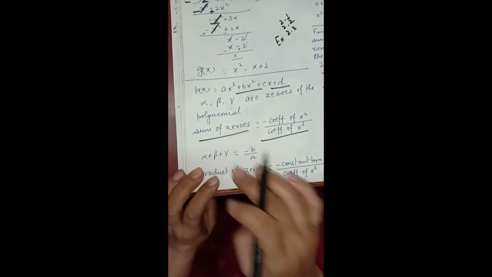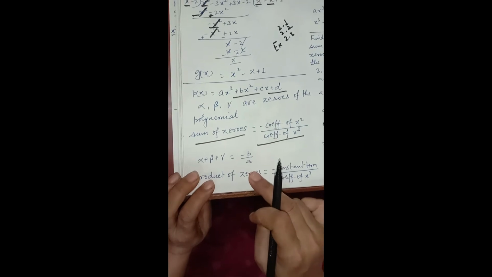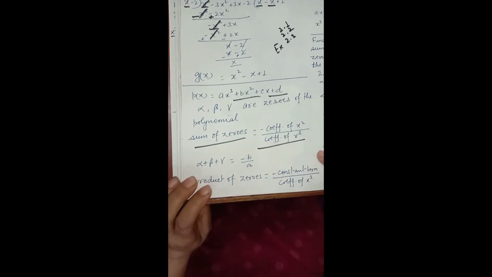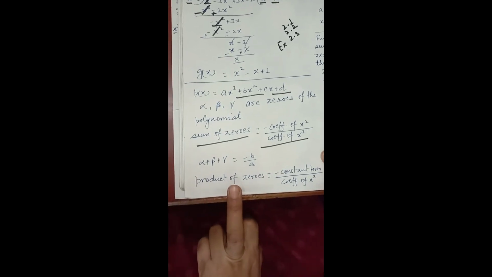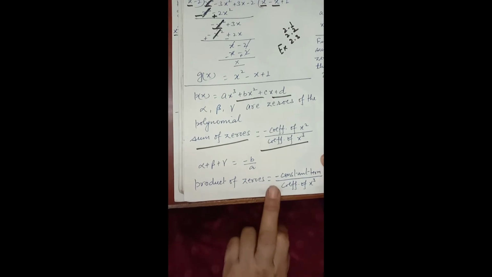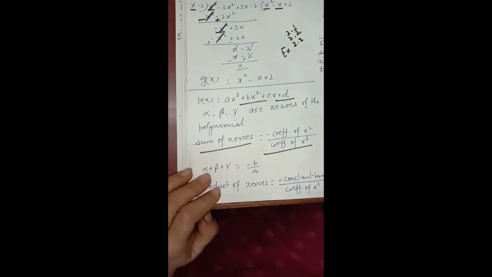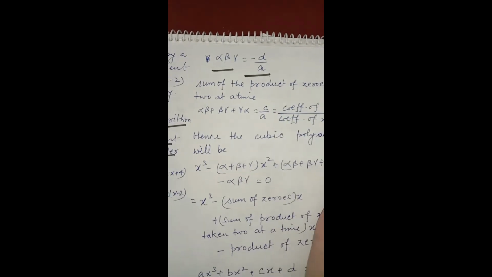Sum of the zeros, alpha plus beta plus gamma, equals minus b upon a, where b is the coefficient of x square upon the coefficient of x cube. Product of zeros, alpha into beta into gamma, equals minus the constant term upon the coefficient of x cube. That is alpha into beta into gamma equals minus d upon a.